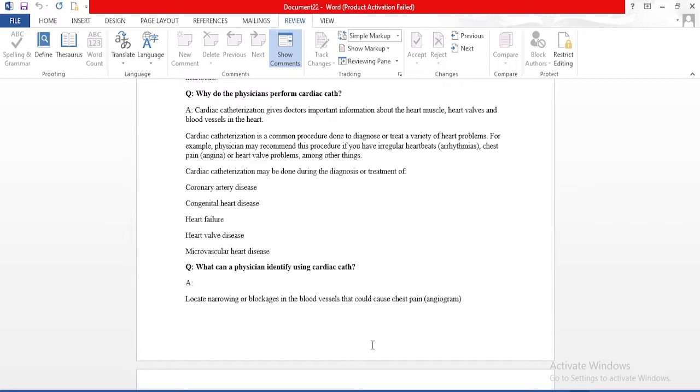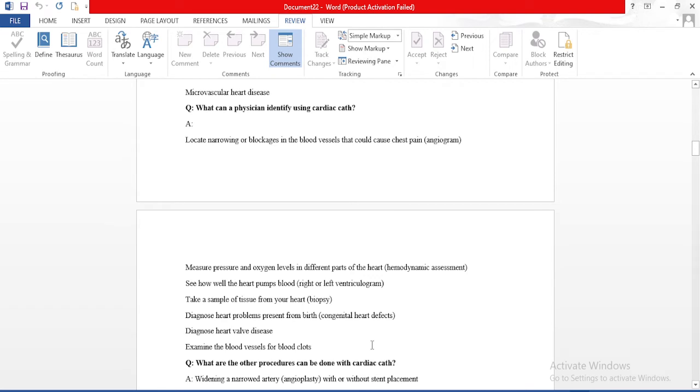For example, if you take coronary artery disease, congenital heart disease, heart failure, heart valve disease, microvascular heart disease, whenever the physician performs these procedures during the same session, the physician may perform cardiac catheterization also, as cardiac catheterization acts as a diagnostic as well as therapeutic procedure. So whenever the physician is performing a procedure, initially he may need to check the heart function, so he will perform cardiac catheterization as a diagnostic procedure.